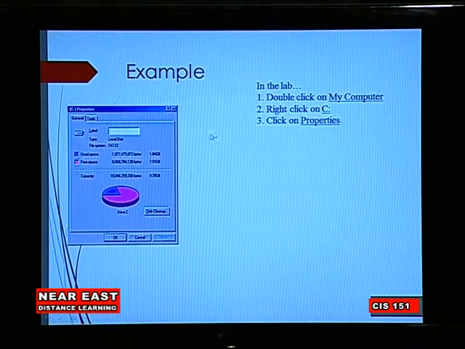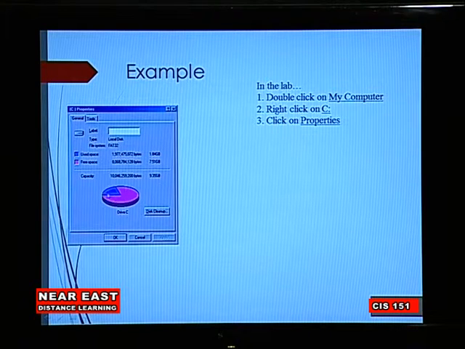If you go to your computer, to the desktop, right click and go to properties, you will find the capacity of your computer in bytes. As we see in this computer, not this computer but the one I did, this number in bytes, which is 35 gigabytes.